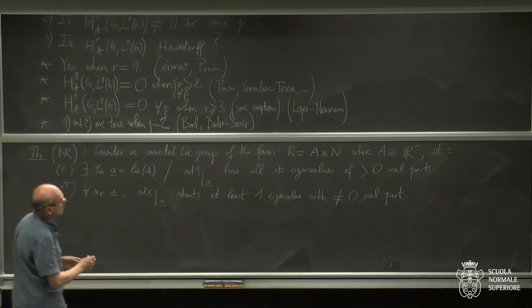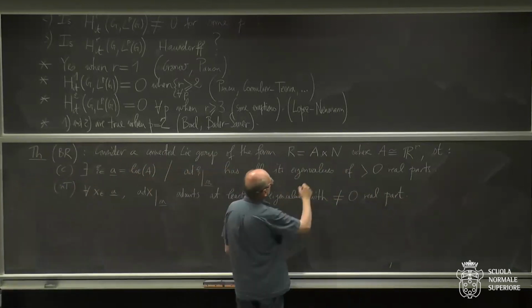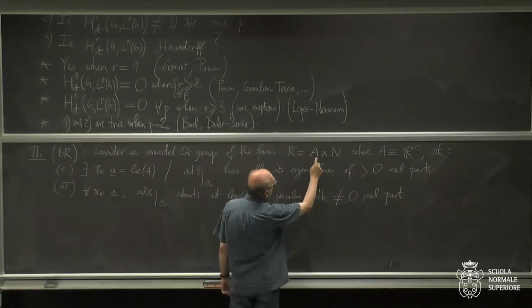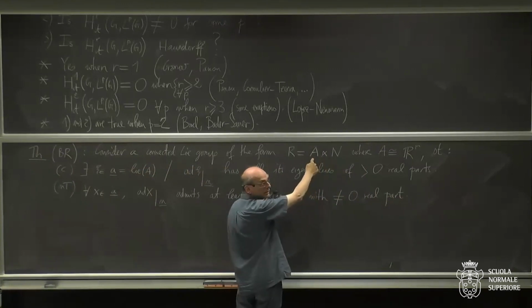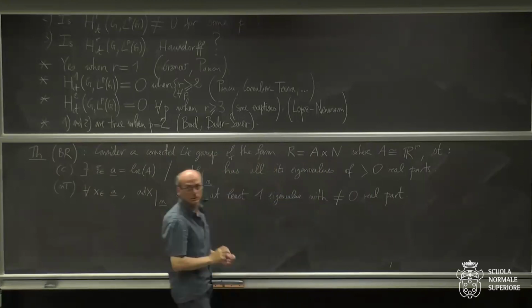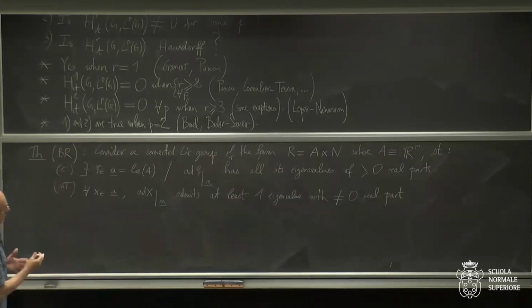So in particular, there is no commutation between elements of A and N. I want some irreducibility in some sense.